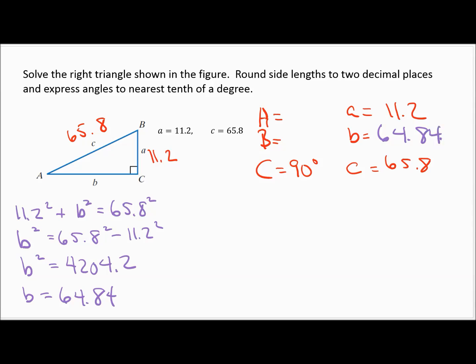Okay, now we're supposed to find angle A and angle B. Let's find angle A first. Okay, so right here, that's what I'm looking for. Now, in terms of angle A, 11.2, you agree, is opposite, and B would be adjacent, and C, up here, 65.8, of course, is the hypotenuse.